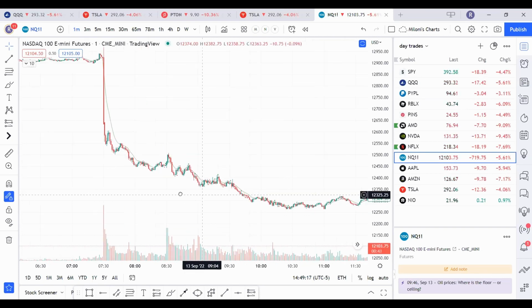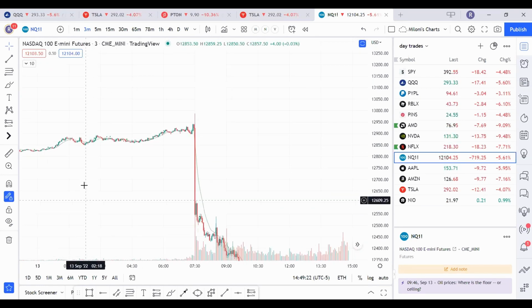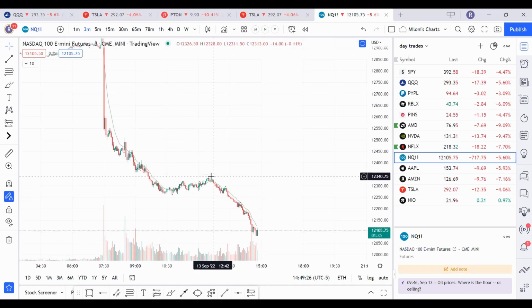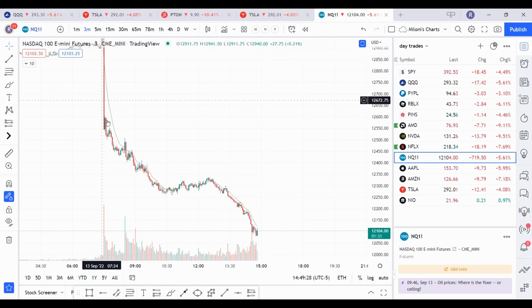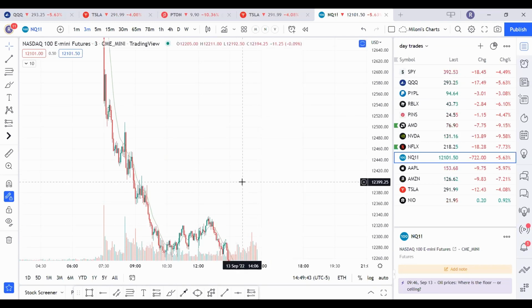Sometimes we get, let's look at the 3-minute chart. Sometimes we get deeper retracements. You have to understand that no one's buying. The candles are getting significantly smaller. All the bulls that are trying get trapped all the time. No one's really getting in. No one's really shorting either. What does the market maker do then?